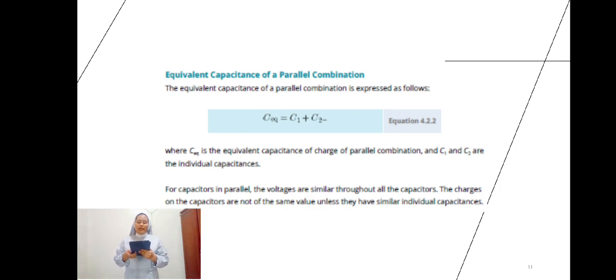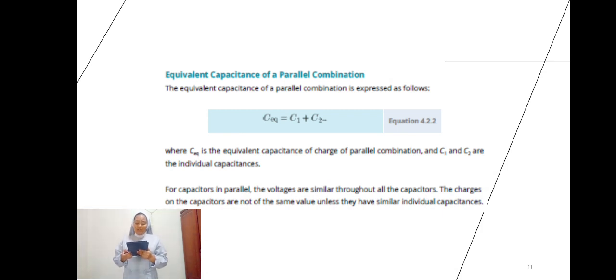The equivalent capacitance of a parallel combination is expressed as follows: CEQ equals C1 plus C2, where CEQ is the equivalent capacitance of the parallel combination, and C1 and C2 are the individual capacitances.